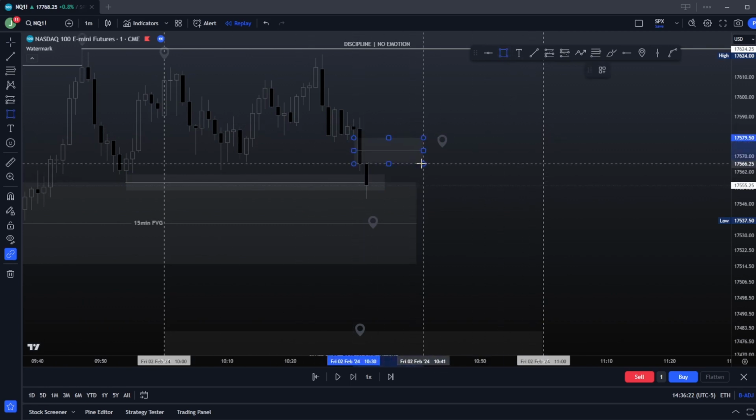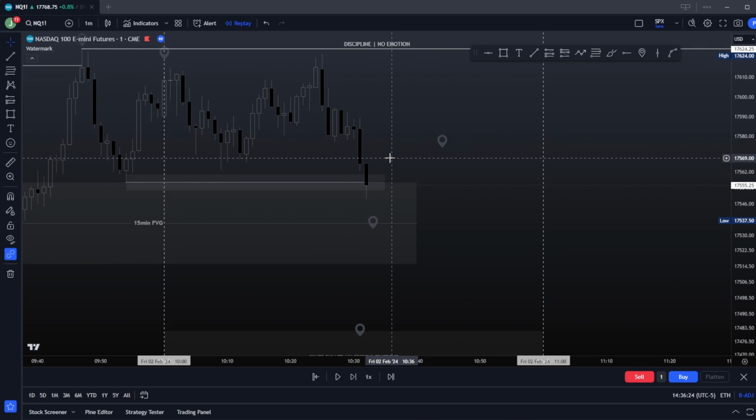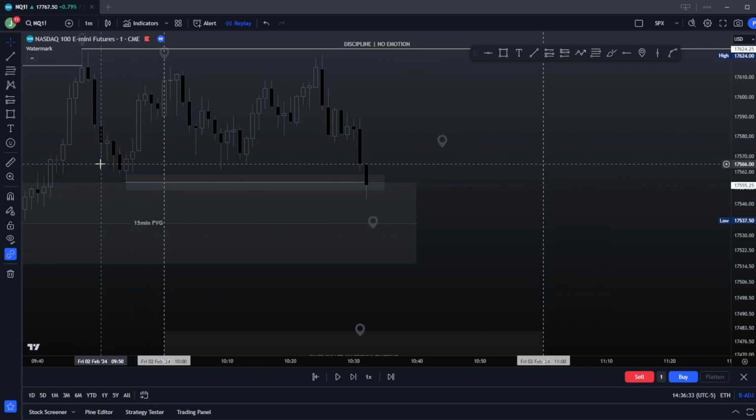Obviously you have this one, but when you have a fair value gap created through this low, with that displacement and disrespect through that low, that is a much stronger indication that it actually wants to go this direction.